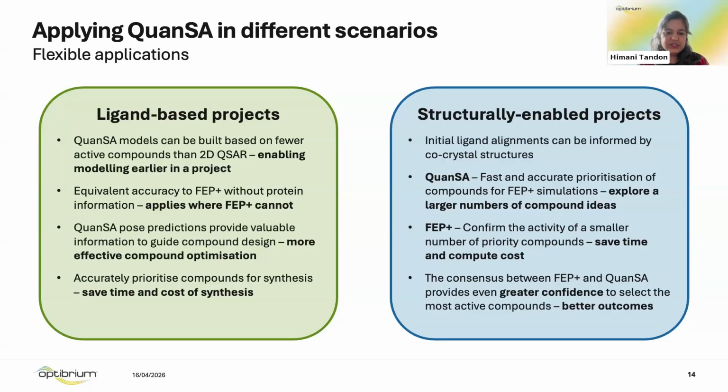When we work with our customers, we routinely apply it in such scenarios, and QuanSA has been extremely helpful for people to choose the next set of compounds. There are various quality metrics that QuanSA provides in terms of confidence, domain of applicability, and the predicted score, which can be combined in a meaningful way to prioritize and rank order your compounds. Working closely with our customers, we have seen that the designs and the enrichment, if I can say that, are really, really high.